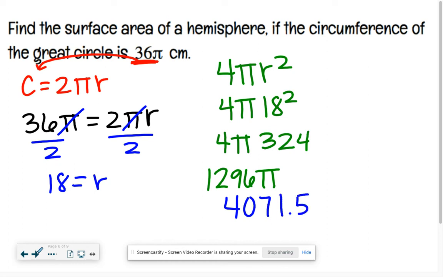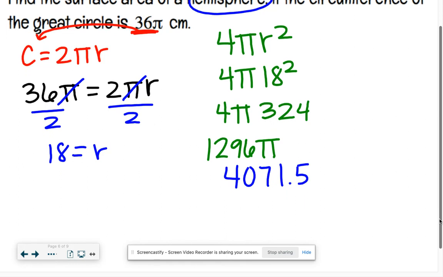Okay, that's for a whole sphere, but we want a hemisphere, so divide that by 2. And we should get 2,035.75.